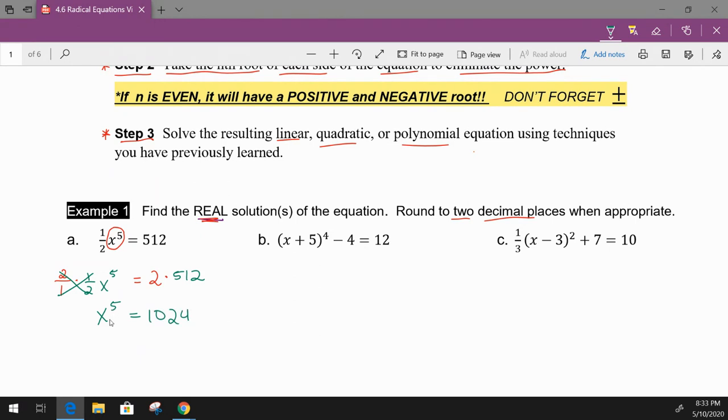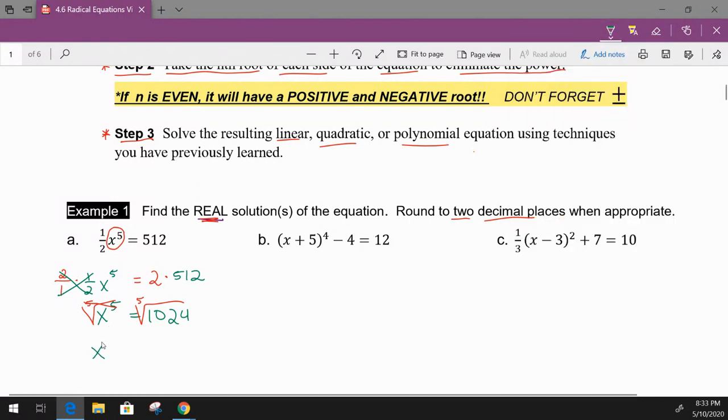So now that the variable and whatever it's being raised to the nth power is by itself, we have to take the nth root of both sides. Well, since the power is 5, we need to take the 5th root of both sides of the equation. So the 5th root eliminates the 5th power.